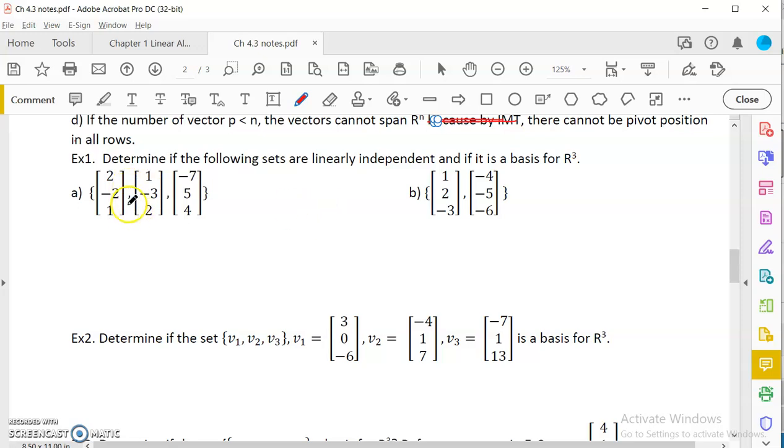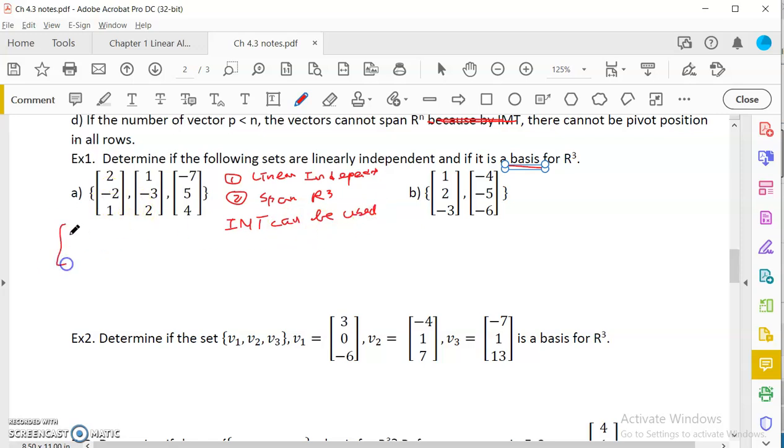So let's do two examples. The first has three vectors, and we want to know if they can span R3. We want to tell if it's a basis for R3. First is linear independence, and then the second is to check if it spans R3. Because it is 3 by 3, I can use the IMT in one shot, because the IMT is for n times n matrices.